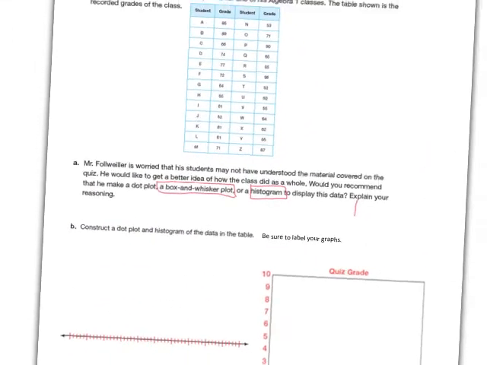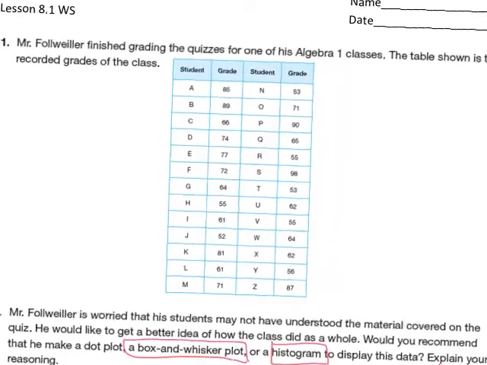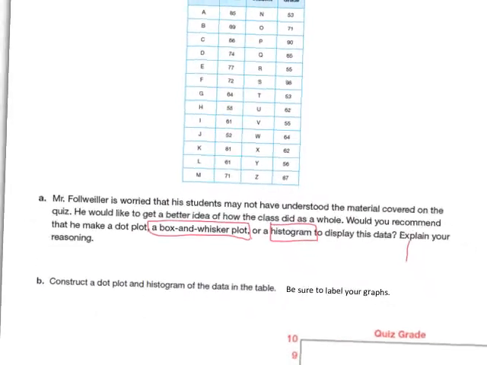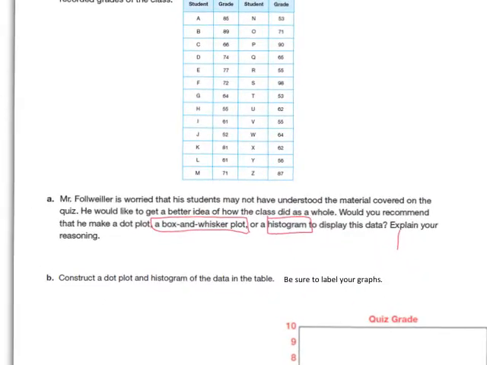Let's go with A, for example. In A, there was 85 and 89. So let's see, the lowest was 64, 61, 56, 55, 53.